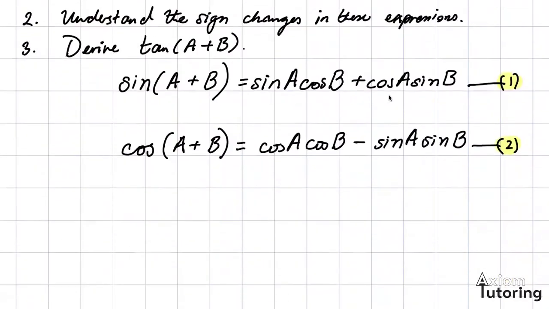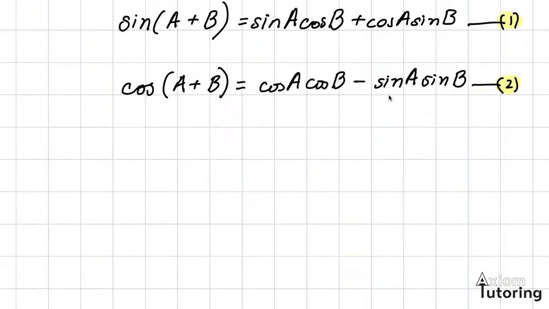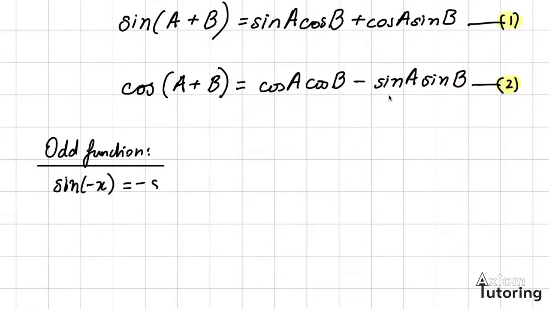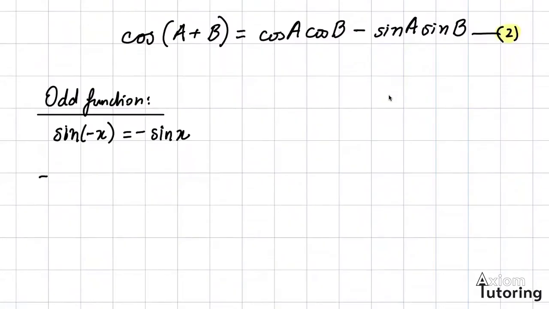Okay, so to do that, we're going to need to comment a little bit on our functions. So firstly, our sine function is what's known as an odd function. Which means that sine of minus x equals minus sine of x. Whilst our cosine is actually an even function.